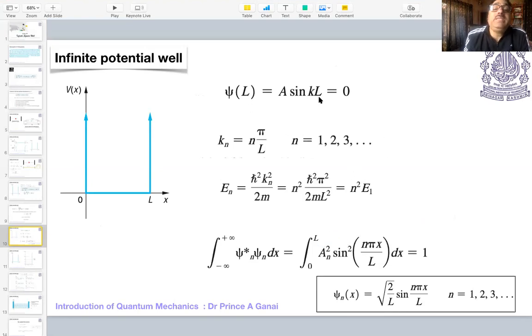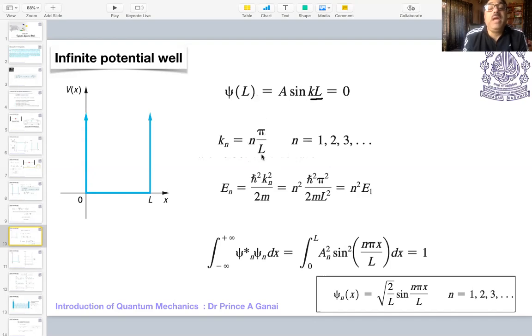That is our demand. So that means a sine of KL should be 0. That means KL should take values where sine is 0, and that means KL should be n times pi. So K_n would be n pi by L.